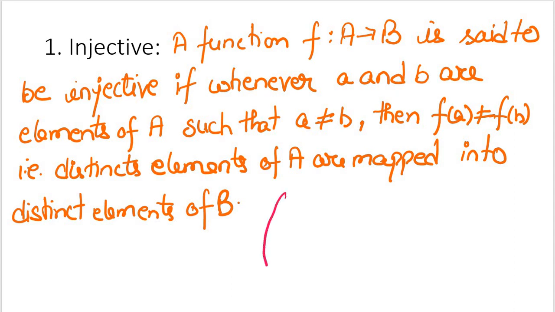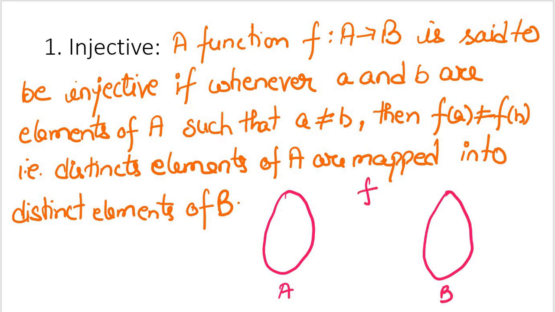Right, so how can we draw it? Let's assume I have this as A, I have this side as B, and then I have a function f. So I see a one-to-one mapping.